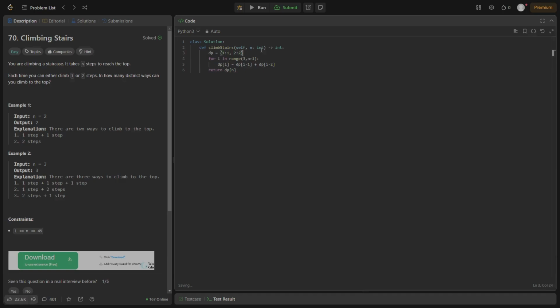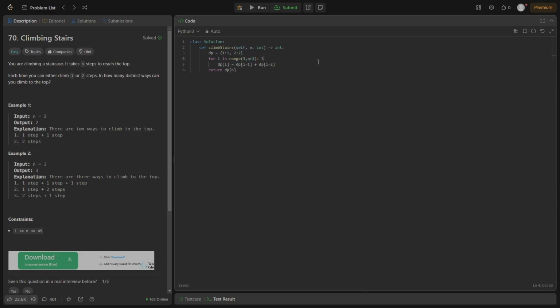Now, a lot of people will actually just have an if statement that says if n is less than or equal to 2, we could just return dp of n. That is completely correct, because if it is less than or equal to 2, then we actually have it in the base cases already, but we don't really need this. We could just shorten the code, because if n was something like 2, or something like 1, it's not an edge case that will break this.